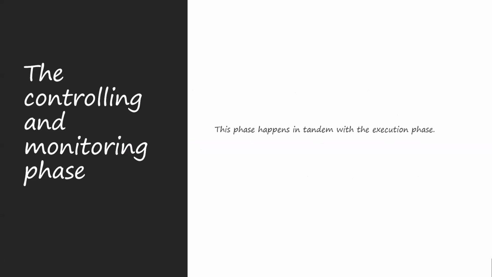So the next phase is the controlling and monitoring phase. This phase happens in tandem with the execution phase. You can't have this phase separately. You don't execute and then start controlling. Controlling and monitoring is done simultaneously.